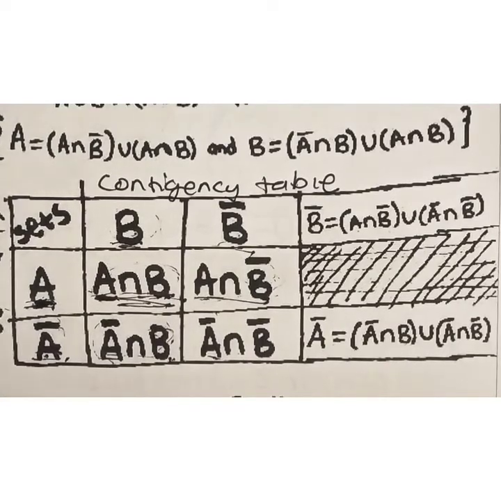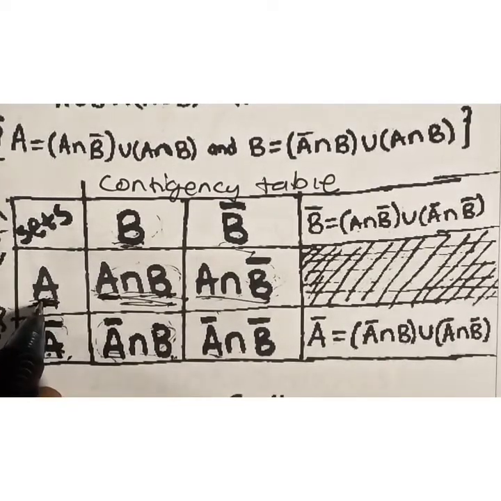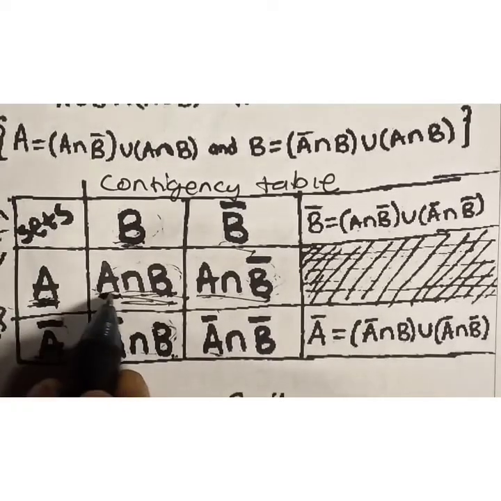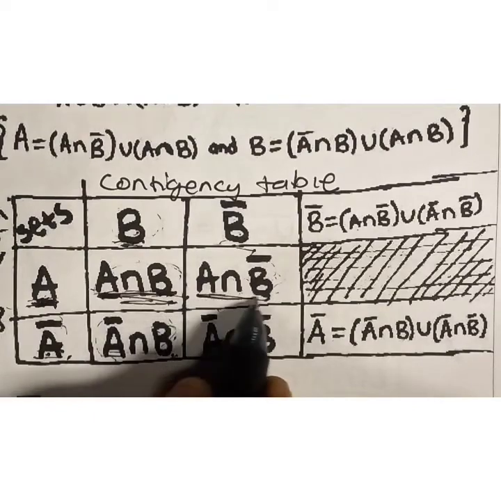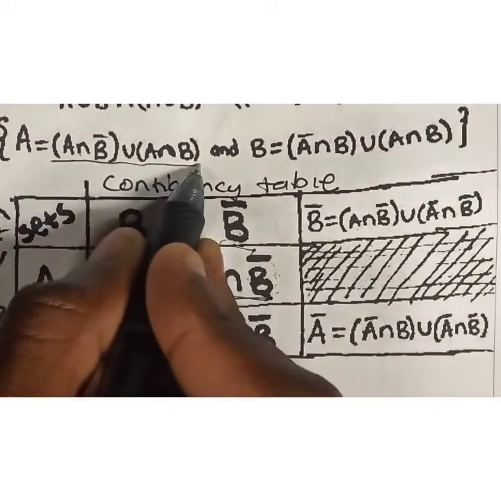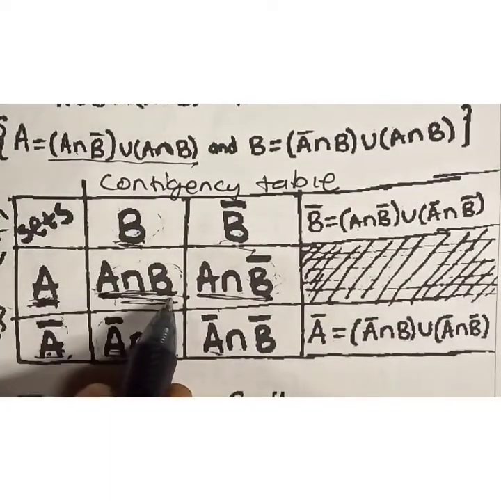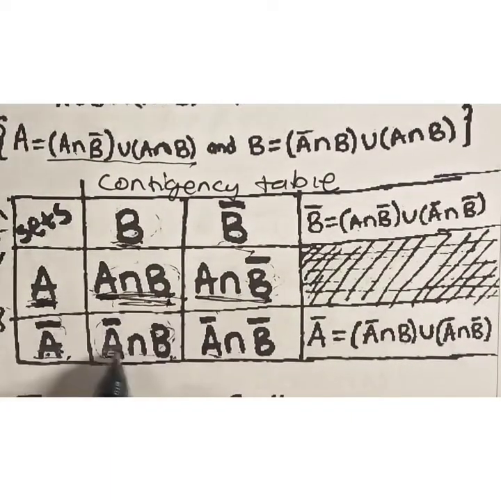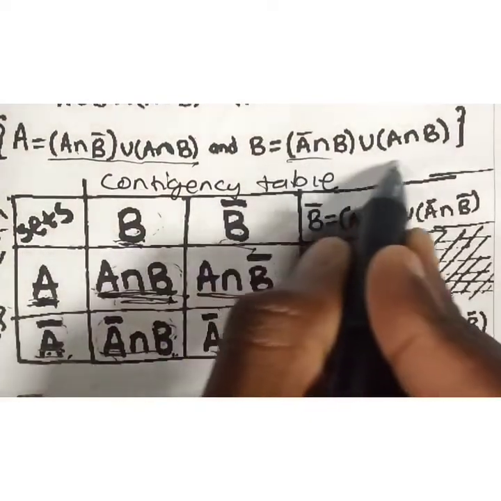So this is from the Venn diagram, right? Your set A is given by A intersect B union A only, which is this, as you can see here. And your set B is given by A intersect B union B only, which is given by this, as you can see.